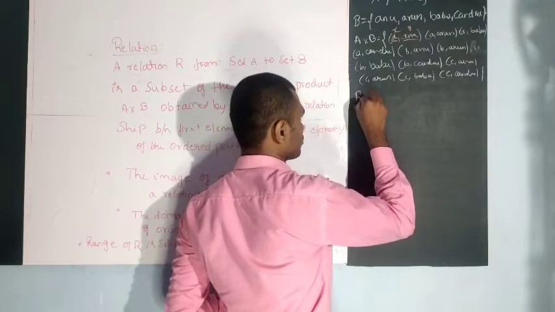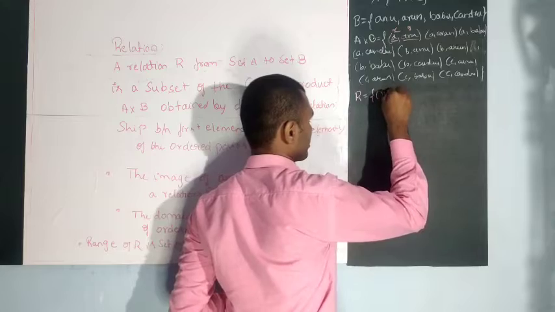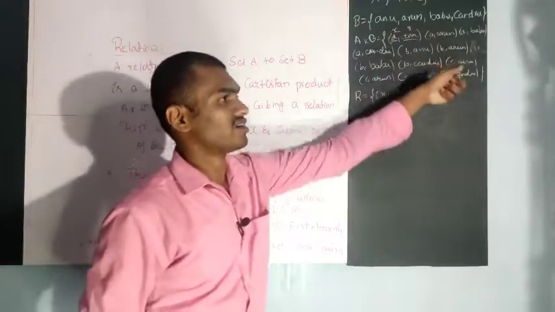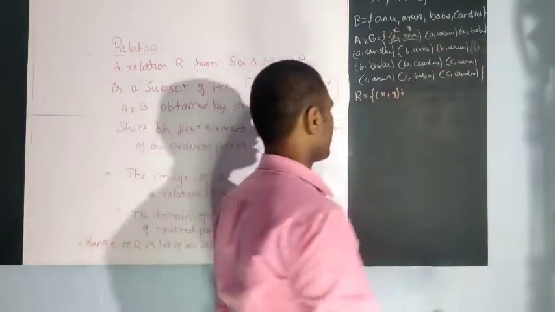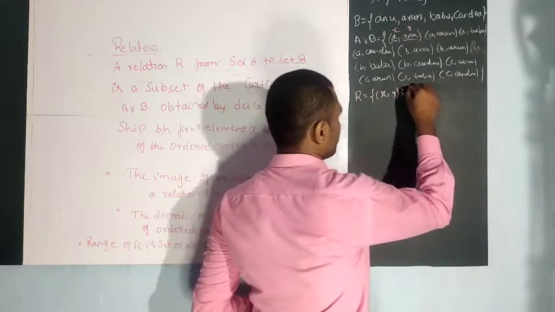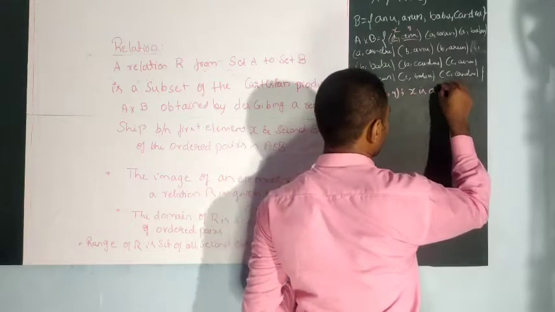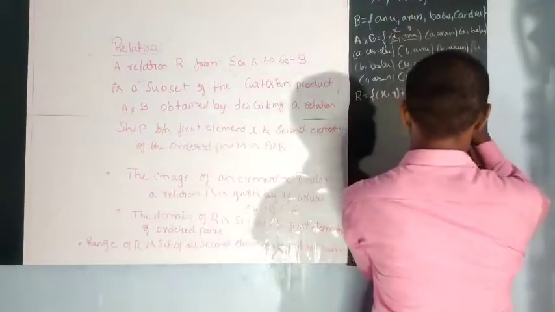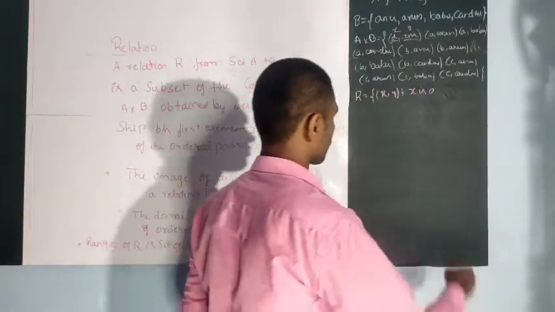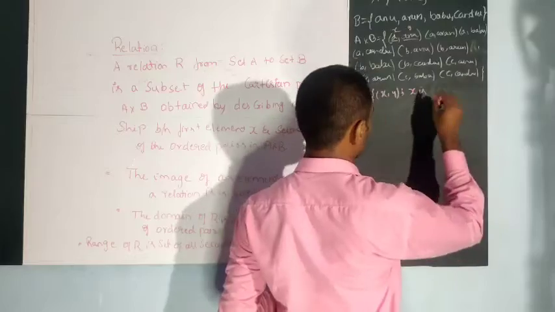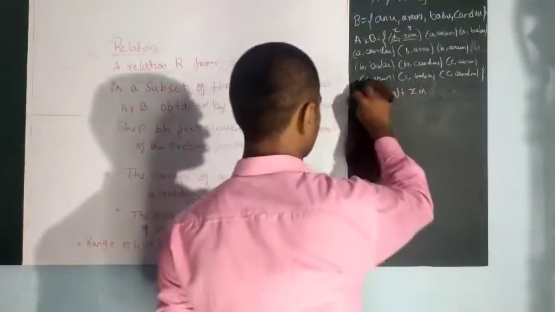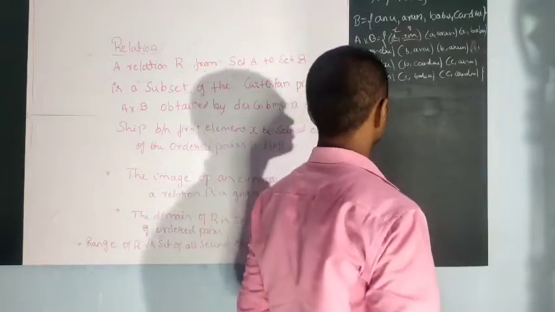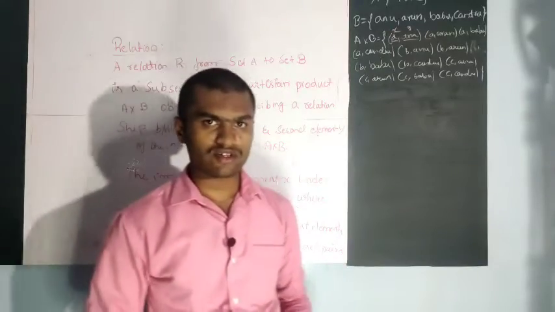I will define that R is equal to x comma y, where I need to arrange the elements of this A cross B. So I want to define a relation.